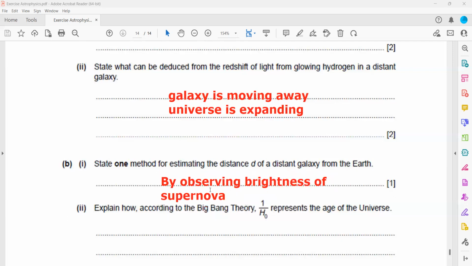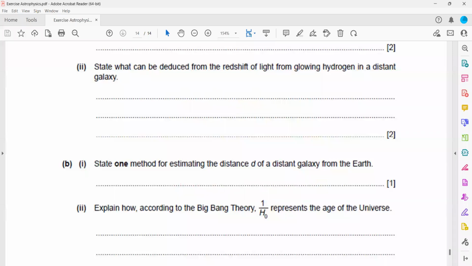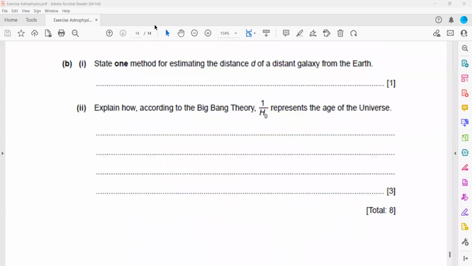And how, according to the Big Bang theory, does 1 over Hubble's constant represent the age of the universe? It's a short derivation. According to Hubble's law, the speed of a galaxy is equal to the Hubble constant times the distance.